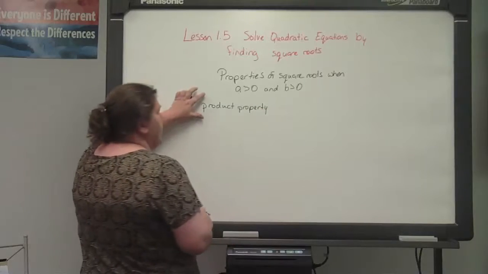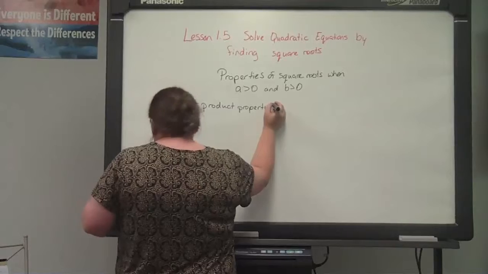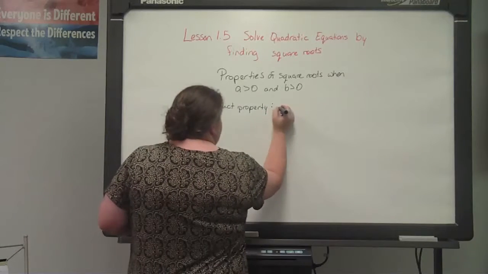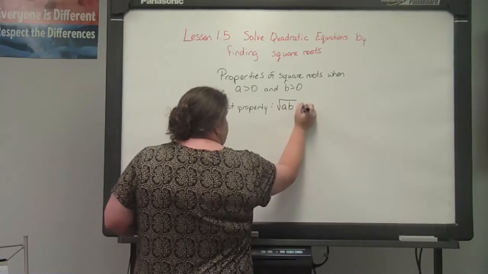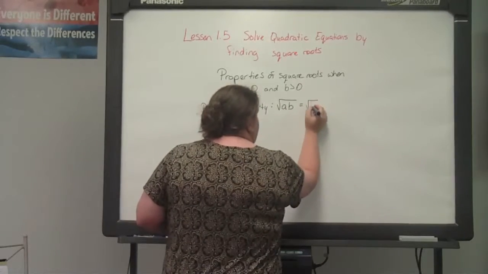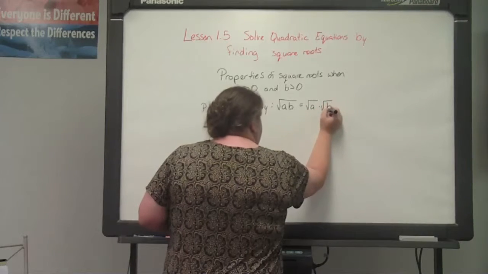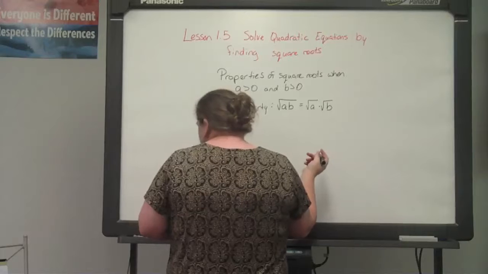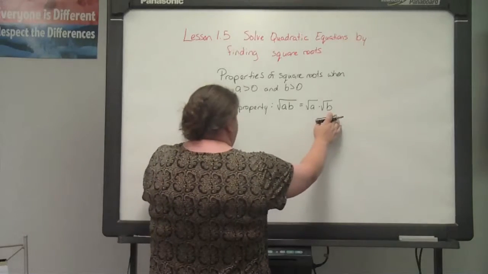And we know that the word product means multiplication. The product property shows that the square root of AB is the same as saying the square root of A times the square root of B. And that is the product property.